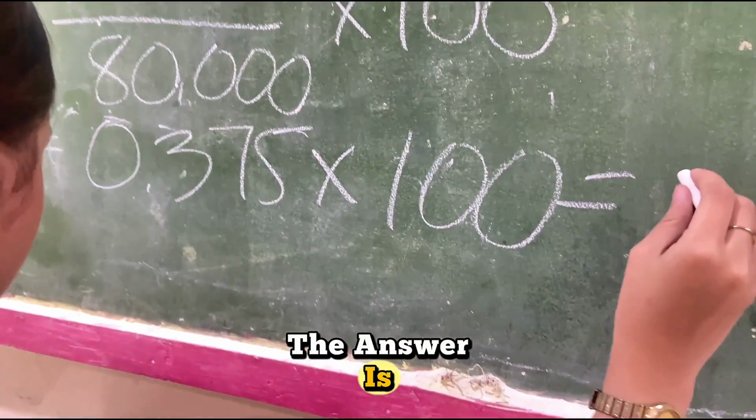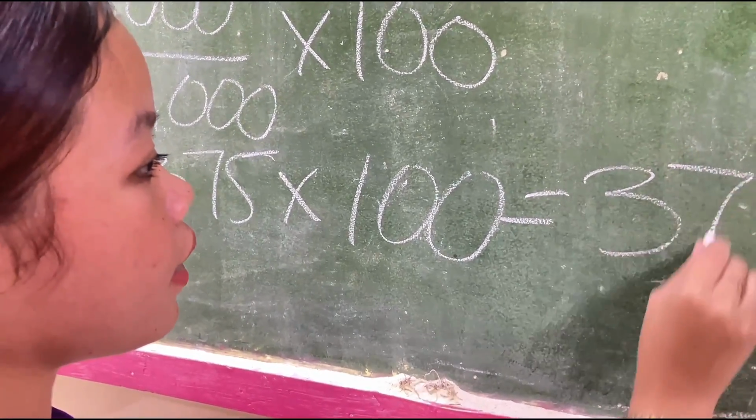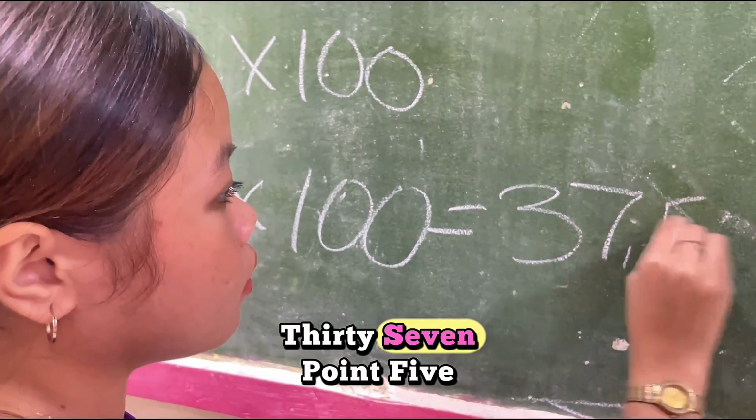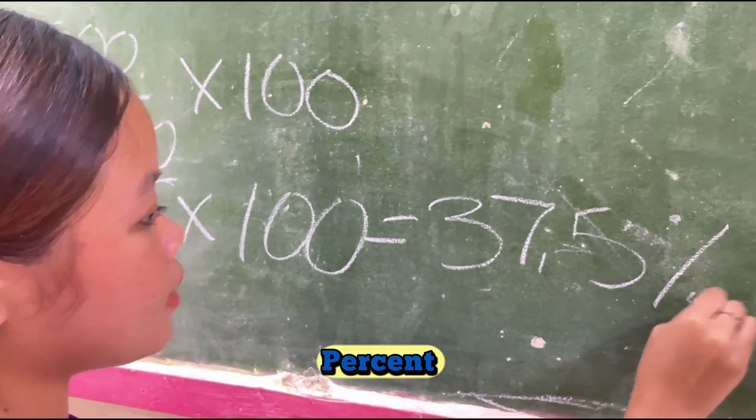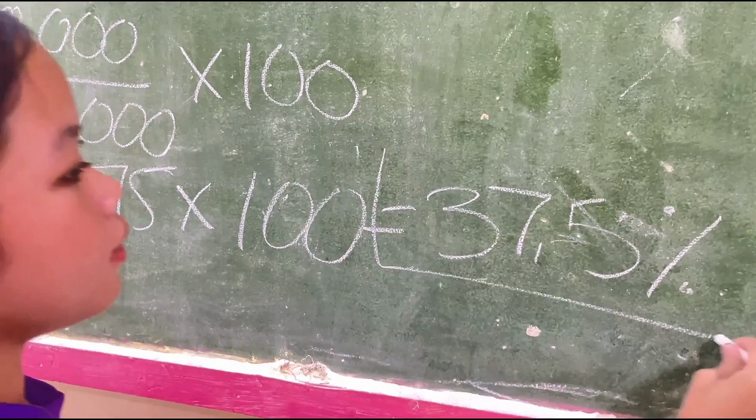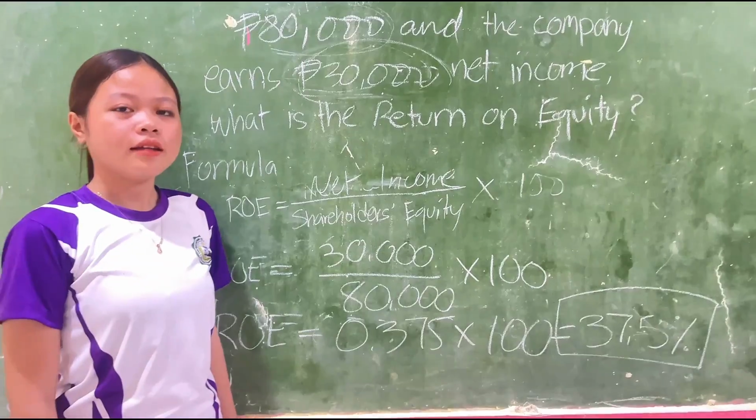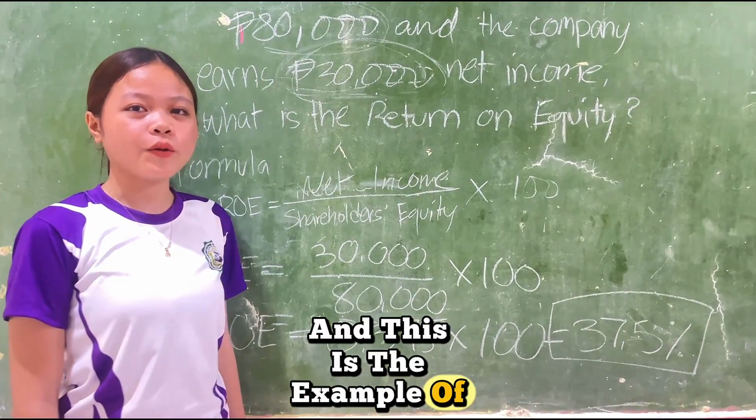The answer is 37.5%. And this is the example of ROE.